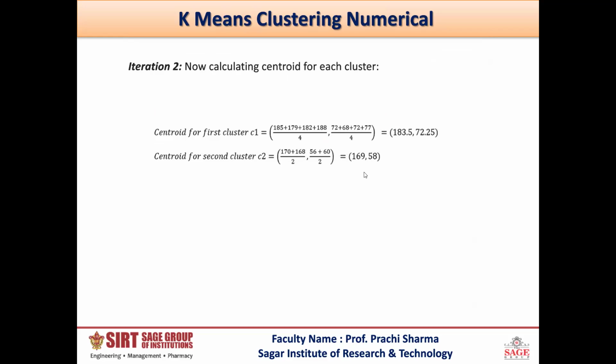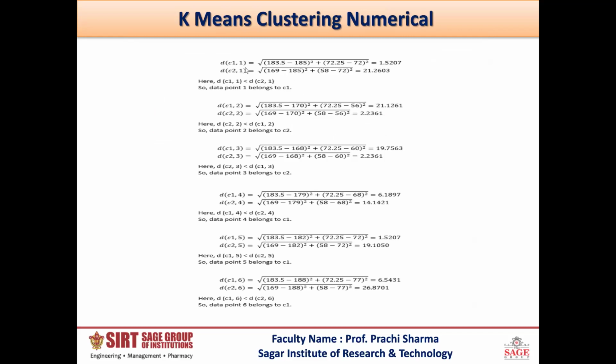Now we will use these points to calculate the Euclidean distance as we have done in the first iteration. As you can see, for C1 and C2 for point 1, we are also calculating for points 1 and 2. You can also check it for the previous one, but the answer will come as C1 and C2.